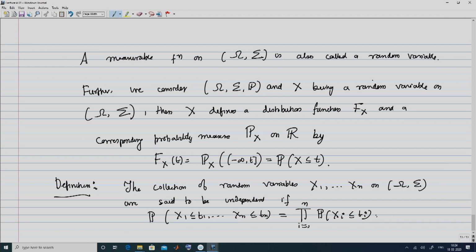Just to sum up what we have discussed today, we talked about probability space, a finite discrete probability space, and then we extended this to general probability space. We talked about the probability mass function, probability density function, the distribution function, and we discussed the definition of random variables in both setups along with the definition of independence in both the discrete and continuous setups.